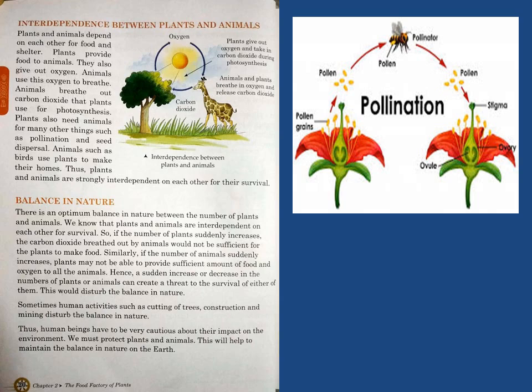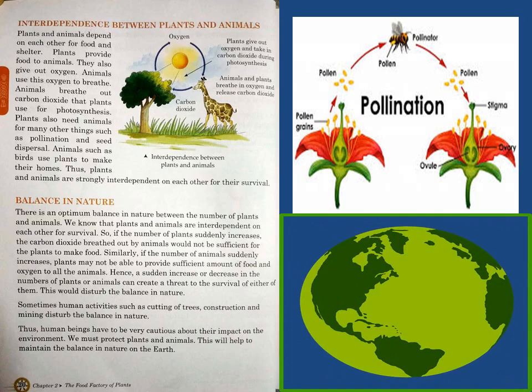So what is important? To maintain a balance. There should not be a sudden increase or decrease in the number of plants, animals and human beings. Otherwise, there will be a disturbance in the balance that is maintained in nature.